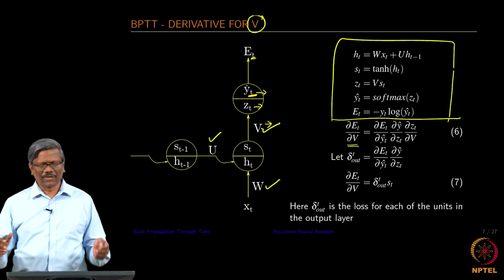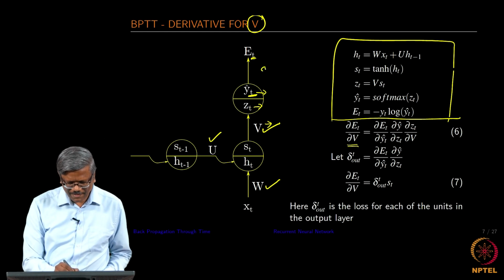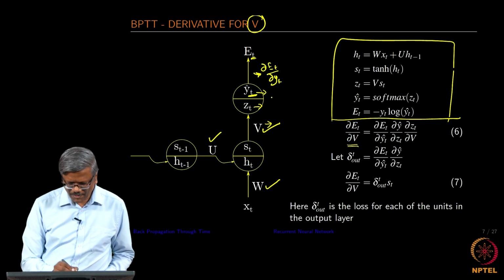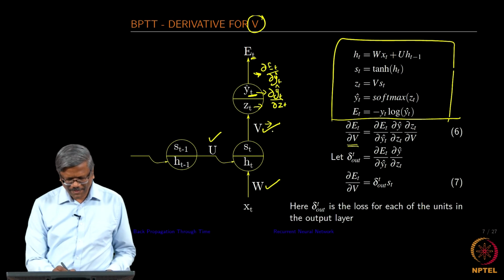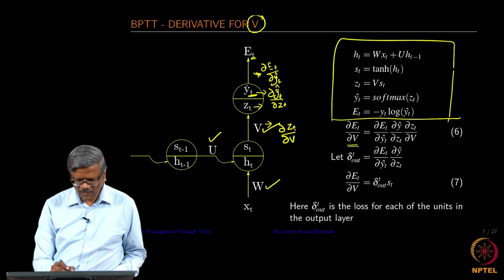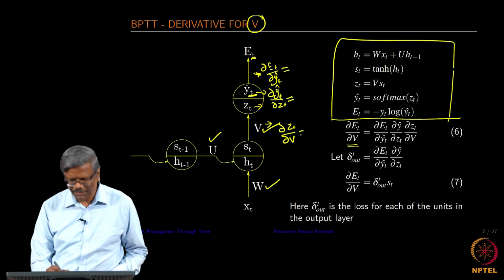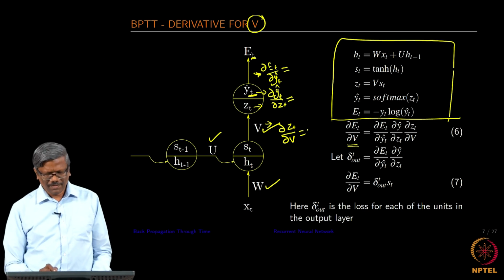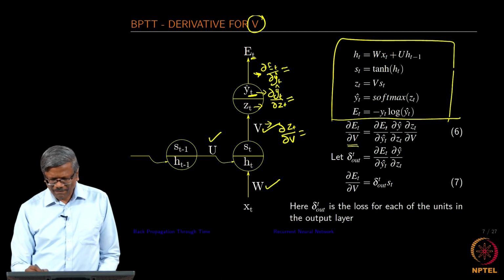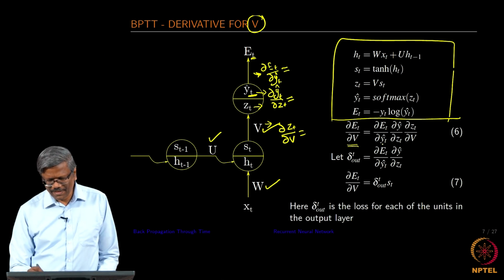It is a chain rule that you can apply, wherein you will have this dou E t here, and then here you will write dou y t hat by dou z t, and then here you will have dou z t by dou v. So, we have to find these values individually and then multiply them, and you will get dou E t by dou v.